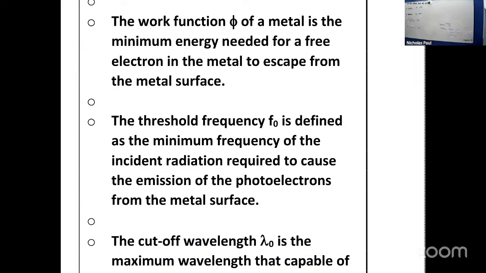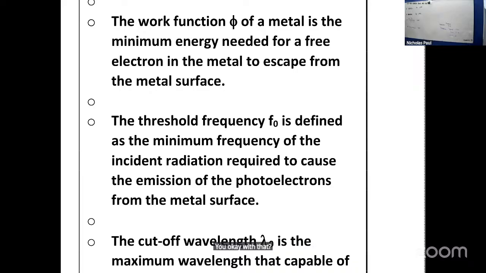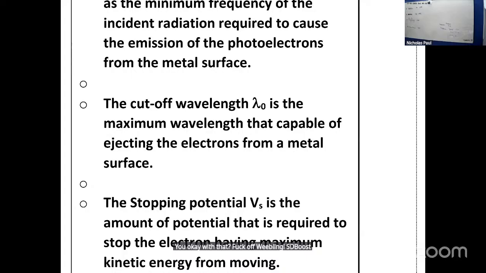Threshold frequency is the minimum frequency for the radiation to cause the emission. Cutoff wavelength is the reverse: the maximum wavelength that is capable of ejecting electrons. The wavelength maximum, frequency minimum. Please remember that.